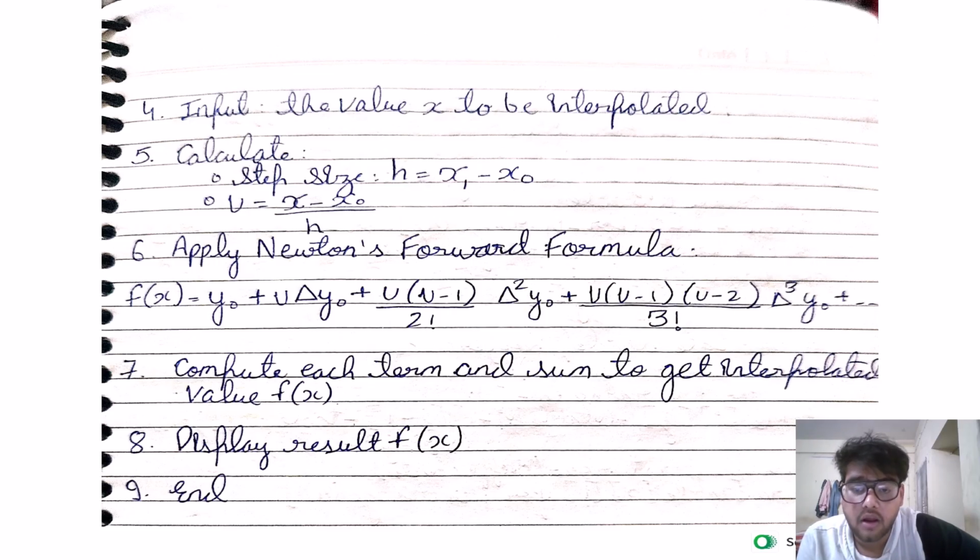In the sixth step we will apply Newton's forward formula, which we have already talked about: y naught plus u into first forward difference plus u into u minus 1 upon 2 factorial into second forward difference plus u into u minus 1 into u minus 2 upon 3 factorial into third forward difference and so on. In the next step we will compute each term and sum to get the interpolated value of f of x, and then we will display the result as f of x.